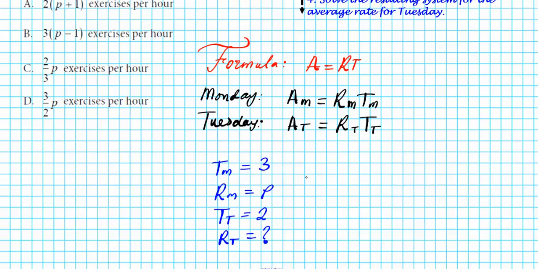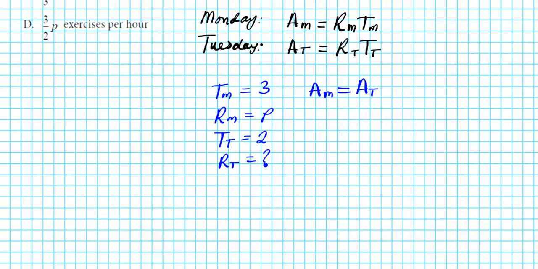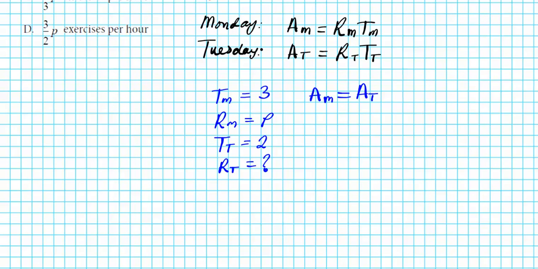And another thing to note is that she did exactly the same amount of work on Monday and Tuesday. So amount of work she did on Monday is equal to the amount of work she did on Tuesday. So we're going to be making substitutions with all these pieces of information in 1 and 2, and then that will give us a system of equations we can solve to determine the rate at which she works on Tuesday in terms of P.